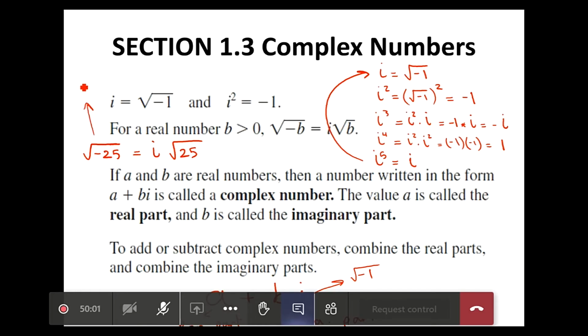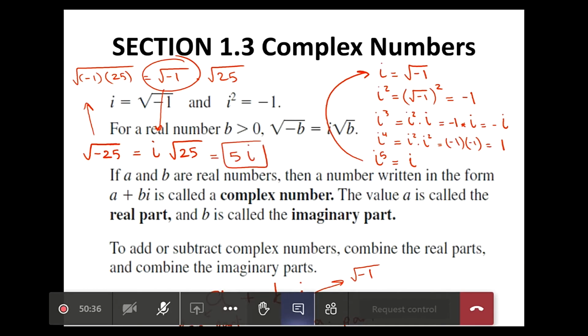Because we can write radical minus 1 multiplied by 25 and distribute the radical. What's the value of radical minus 1? This equals i. What's the value of radical 25? Equals 5. So we have 5i. Okay.